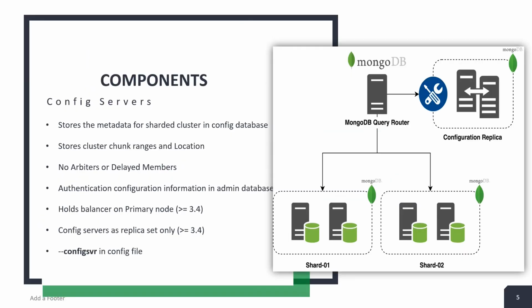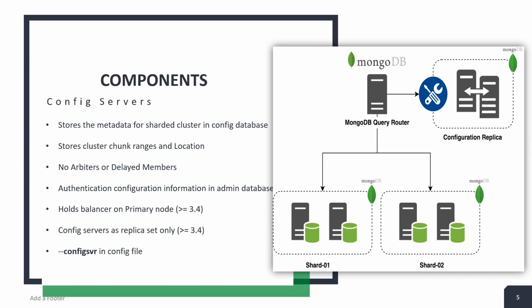Now let's look at the config server. Config server stores the metadata of all the sharded cluster inside the database called config. And it also stores the location of the various chunks and its min and max values inside the config server. Very important is that after 3.4 version, the configuration server has to be deployed as a replica set, and there are no arbiters or delayed members allowed inside this configuration server.